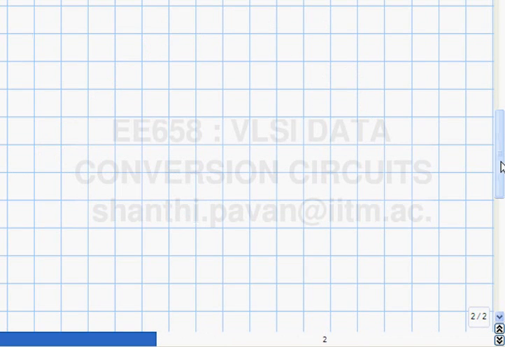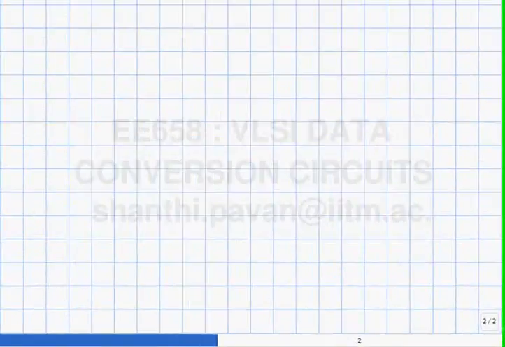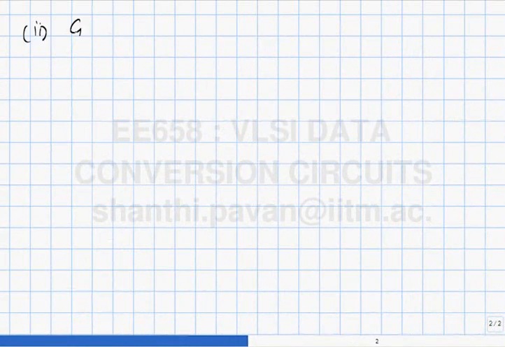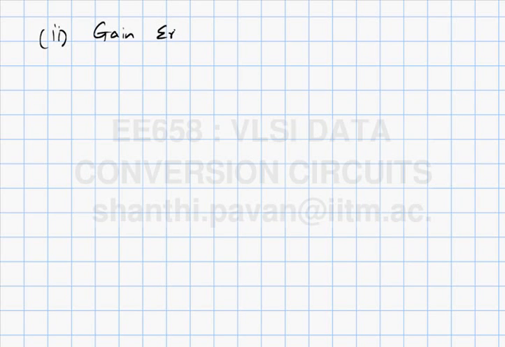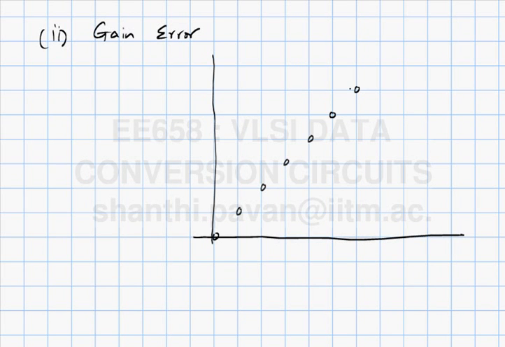The second kind of error is gain error. Again, this is what the ideal characteristic should have looked like, and this is what the actual characteristic looks like.